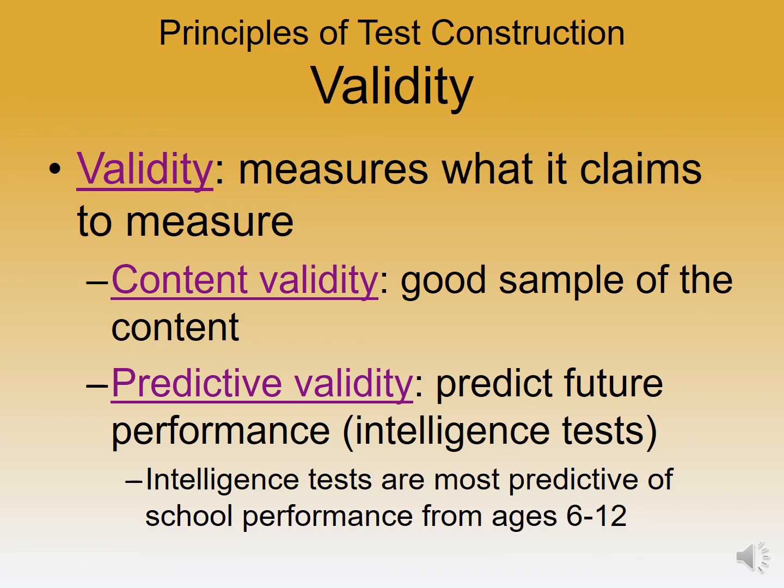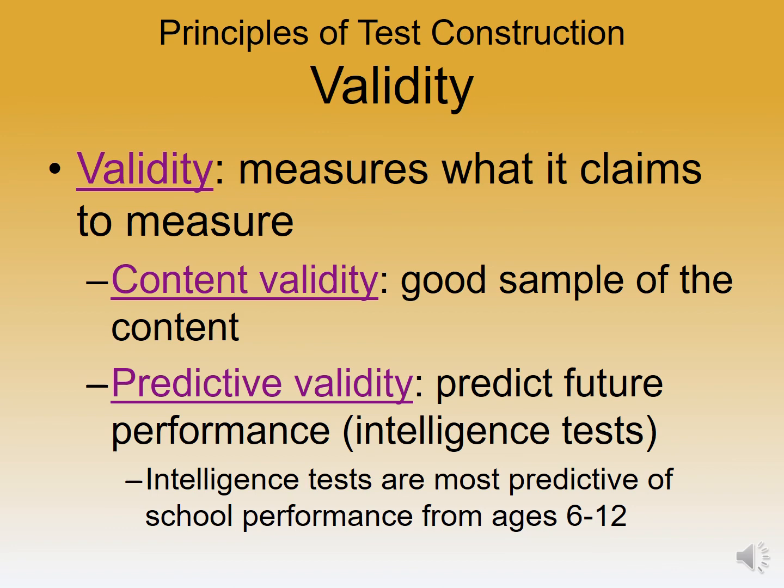As you know, a lot of times they go for random topics, and it's not a good sample. But if a test has content validity, then it means whatever has been learned and is being tested, there's a good sample of it on the test, and it doesn't pick like 2 or 3 random things and test on that. Predictive validity predicts future performance.